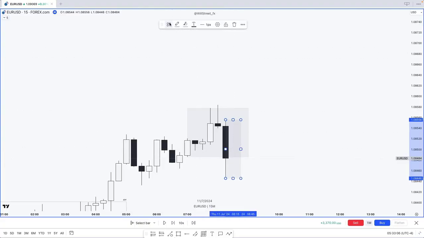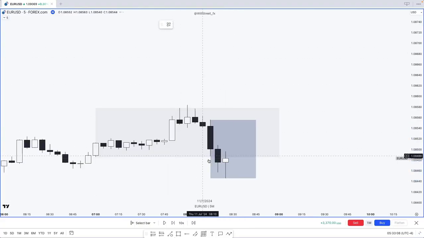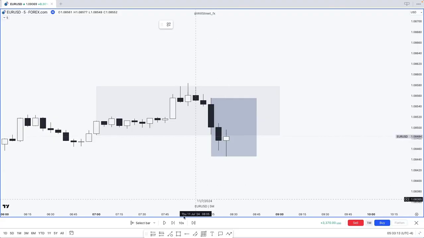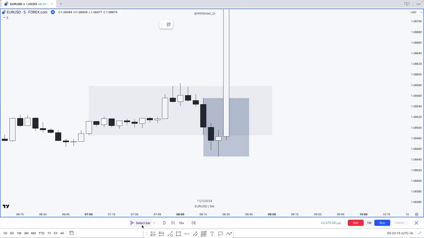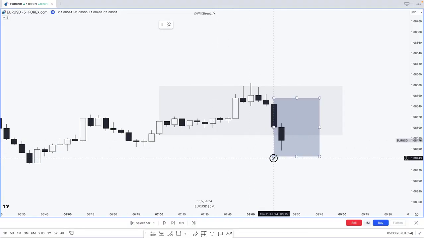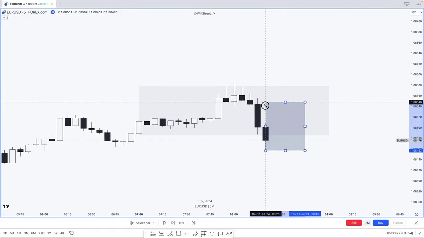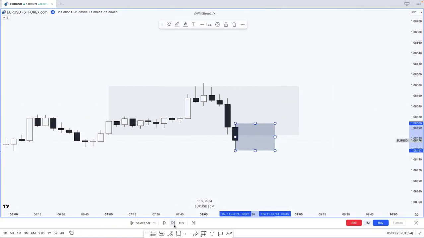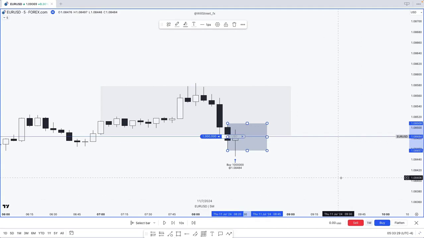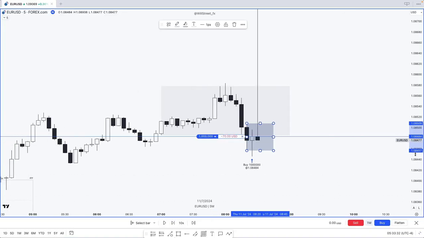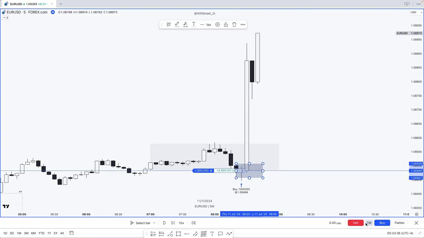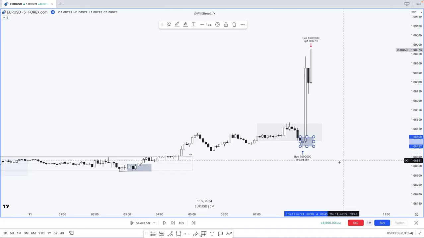So let's refine this if we can. We want to buy after. Well, this is already at 25, so it's not possible. We will need to refine this one. 20. So turtle soup, we're inside, so we can buy here going into the news. We are leaving here, no, we are leaving here. Easy, right?